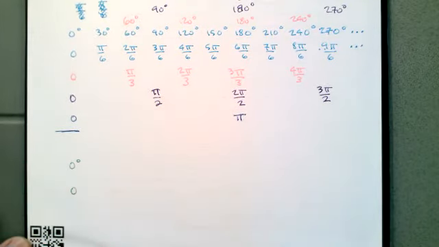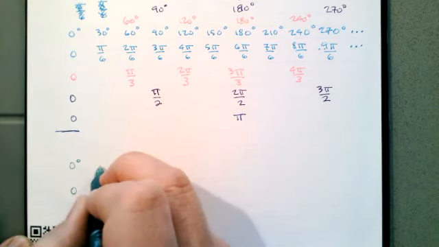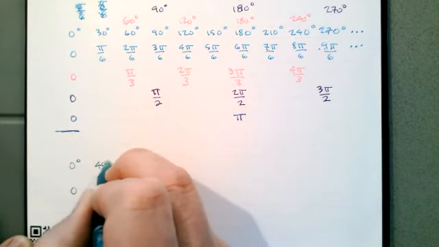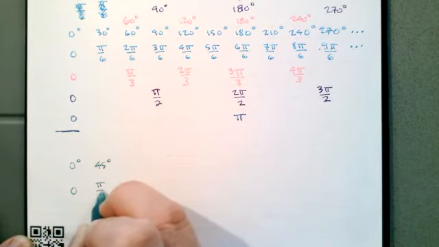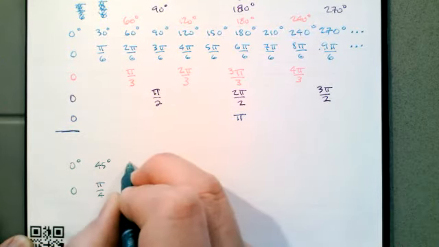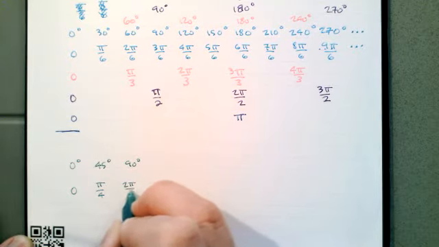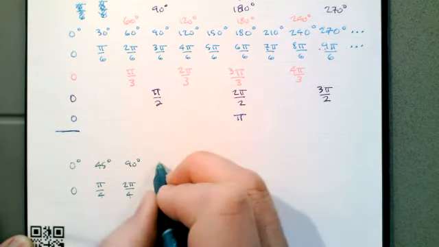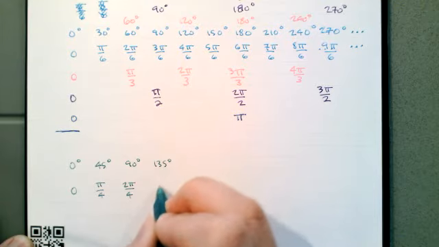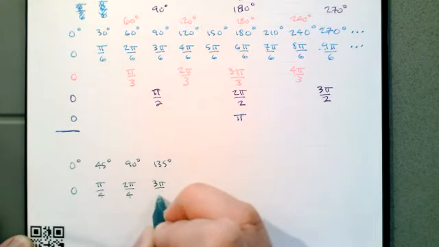The next multiple of 45, so we go 45 degrees, that'll be pi over 4 radians. The next multiple of 45 is 90 degrees, and that's going to be 2 pi over 4, because I'm just counting. And then 135 degrees is 3 pi over 4.